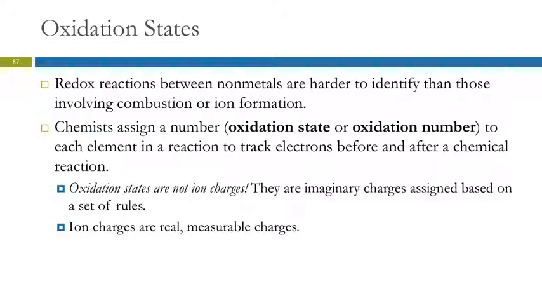The rules can be kind of confusing. The oxidation states, though, are frequently the same as ion charges. If something has an ion charge, the oxidation state is going to be the same number. But it's important to remember that ion charges are real. They can be measured. Oxidation states are imaginary. We've made them up. Okay.